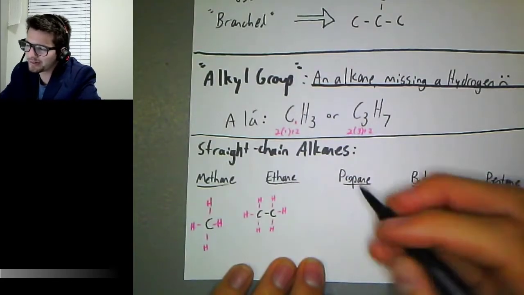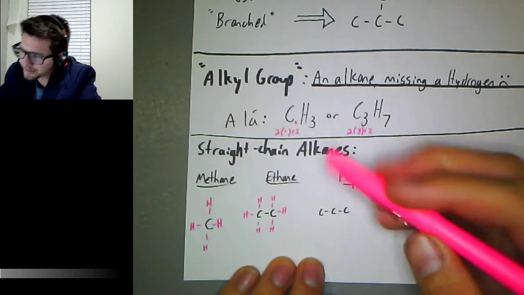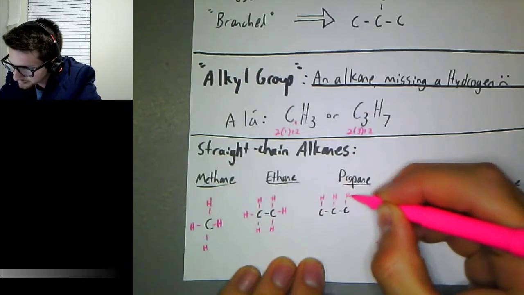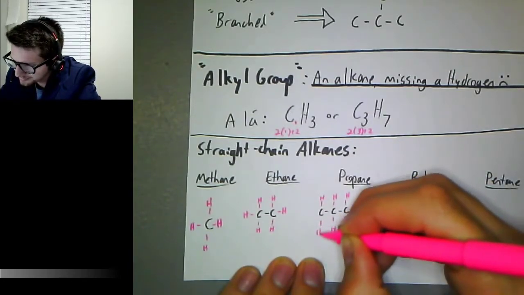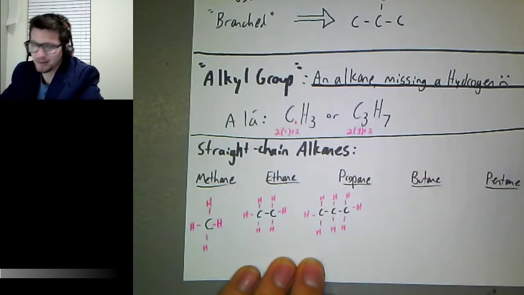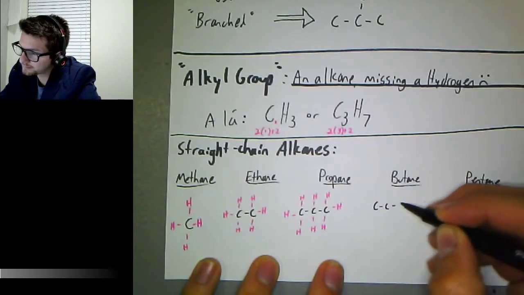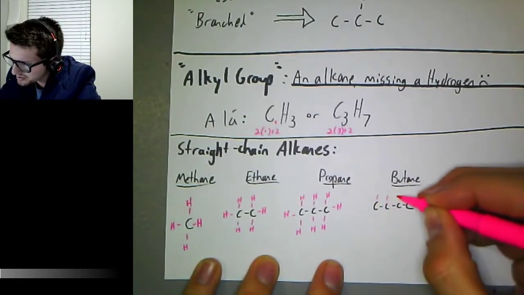Propane. What does prop mean? 3 carbons. And those are all surrounded by H's. Butane. What does but mean? 4. And those are all surrounded by H's.